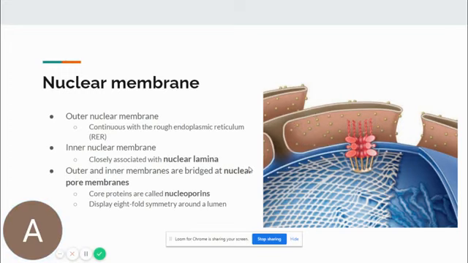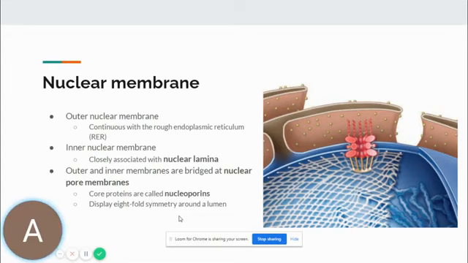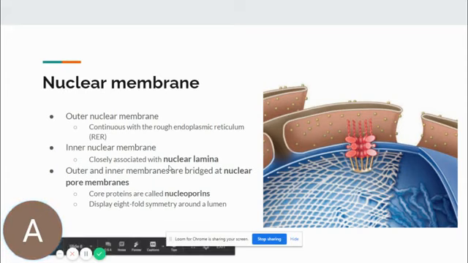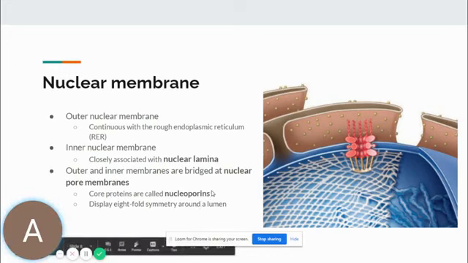They are both bridged at the nuclear pores. The nuclear pores are made of core proteins called nucleoporins, and they display an eightfold symmetry around a lumen, thus forming a pore. As I've discussed earlier, these nuclear pores allow solutes and macromolecules to selectively enter and exit the nucleus.